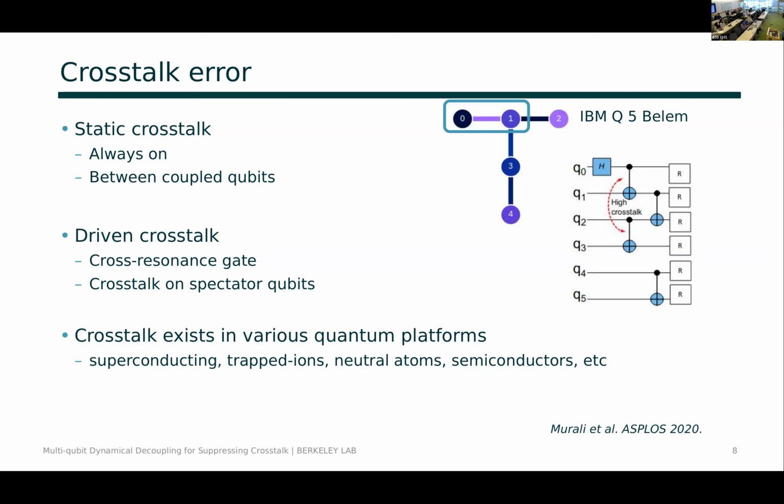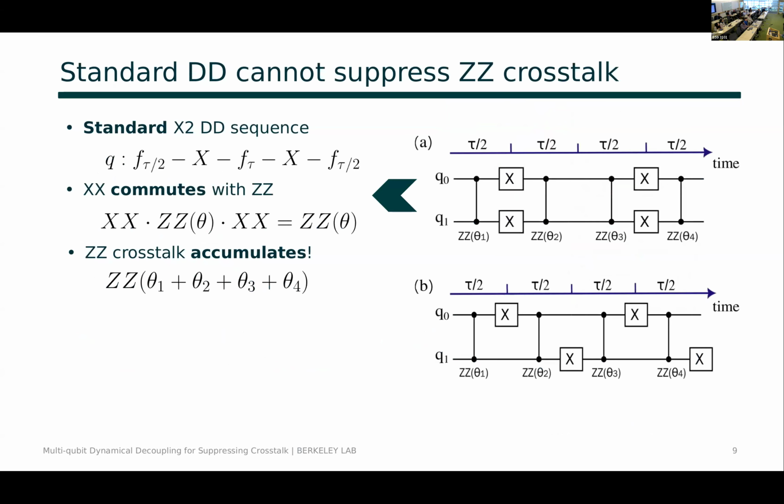The first one is the static ZZ crosstalk, which exists between the coupled qubits, like Q0, Q1 and Q1, Q2 here. And then there is also driven crosstalk, which means if we have a CNOT gate here, it will introduce crosstalk to the neighboring qubits, Q2, Q3, and vice versa. So we have these two types of crosstalk, and we want to handle them.